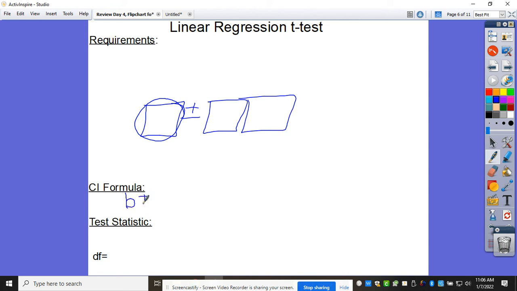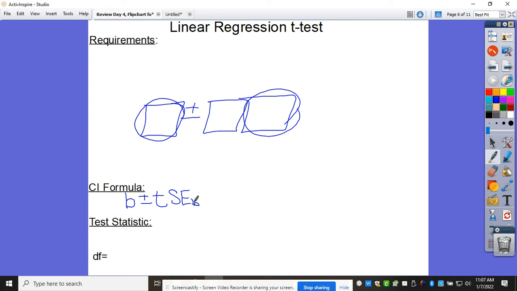So b plus or minus, do I use Z or T? And what do I call this entire section? What about for test statistic?